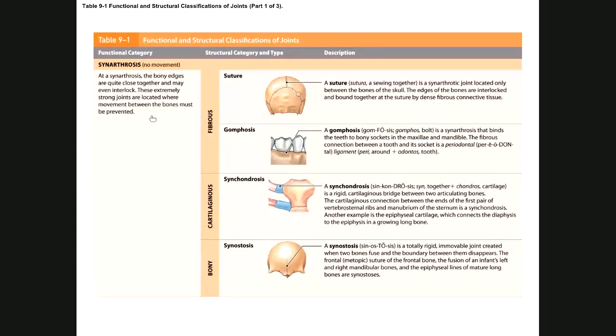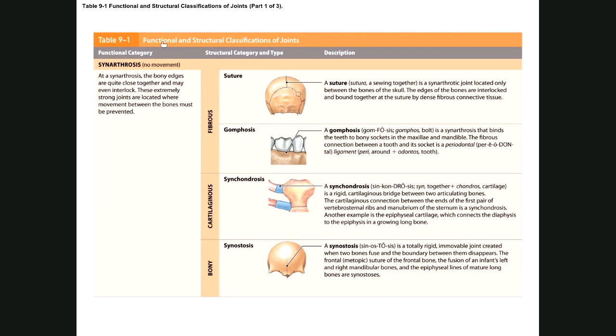It could be collagenous, and this is a good example of collagenous that you want to know. Fibrous, and a good example of fibrous is suture. Bony, which is here, and a good example is the two bones of the mandible.